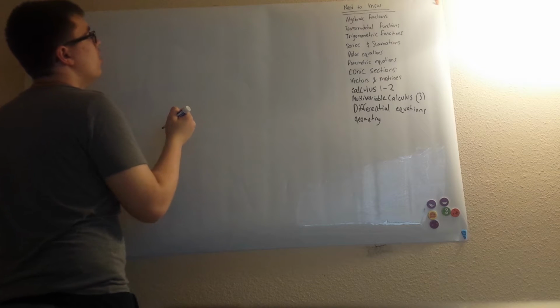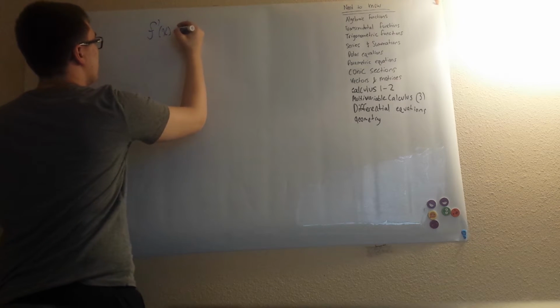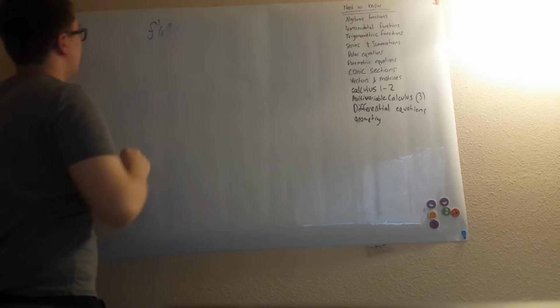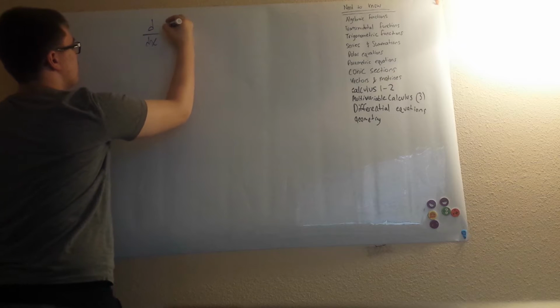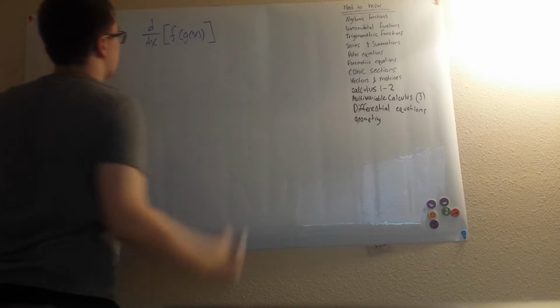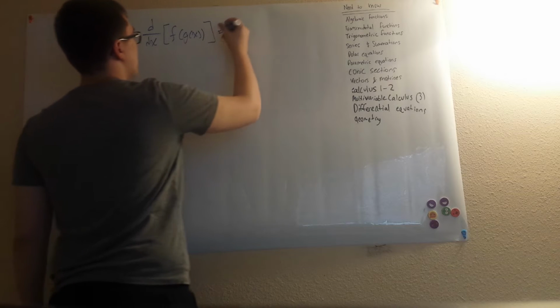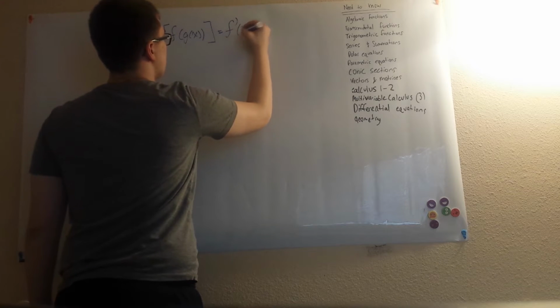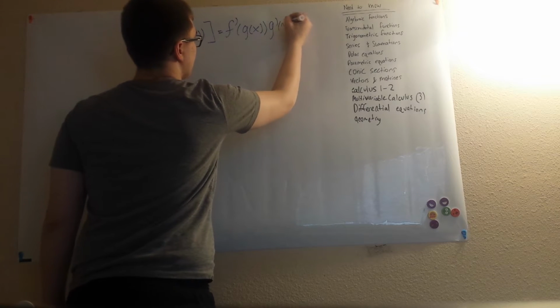So if I were to ask you, what is the derivative of a composition, the derivative of f of g of x? Well, that is f prime of g of x times g prime of x.